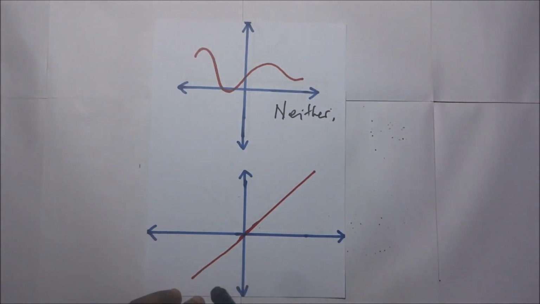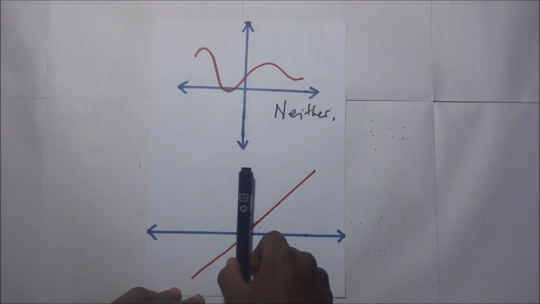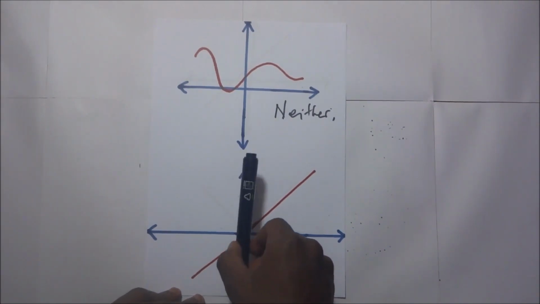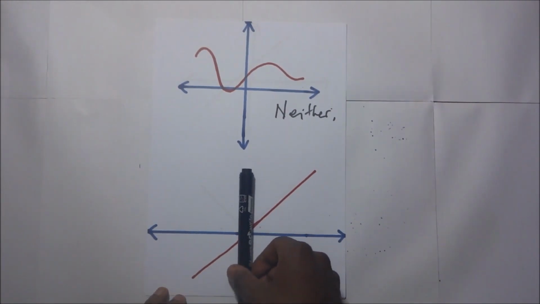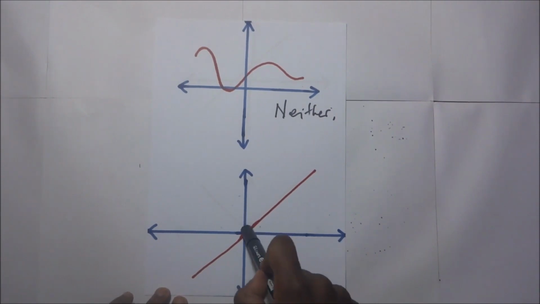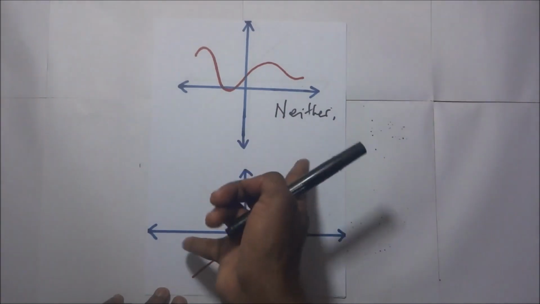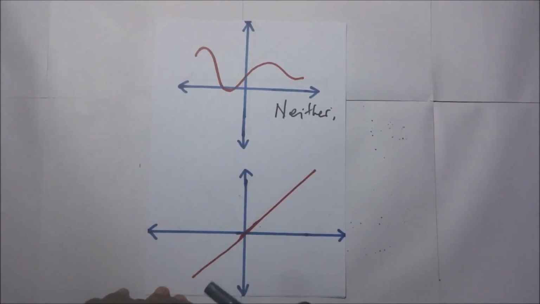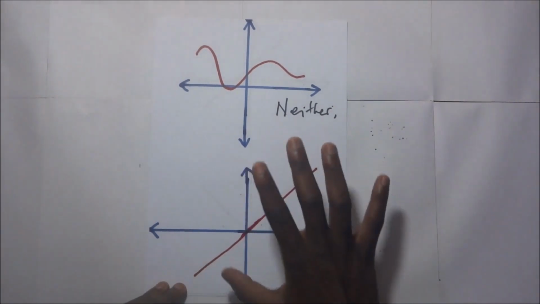This one right here is not symmetrical about the y-axis, meaning the y-axis is not dividing it into two, but it has a rotational symmetry about the origin. In other words, if you turn this by 180 degrees, it would look exactly the same.